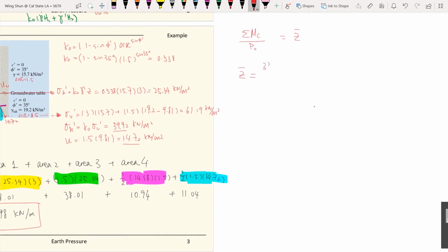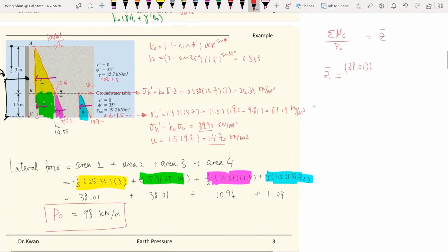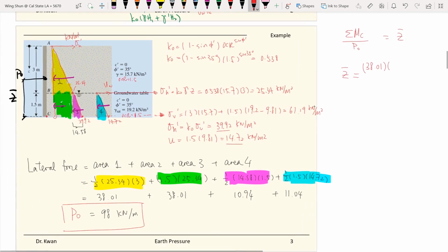Now as we equate the driving and resisting moments, this would equal 38 times area 1, which is the first area, and the location of this loading force is this moment arm here. So we have 1.5 plus 1/3, because it's a triangle, so the resulting force for this area must be at 1/3 of the height.